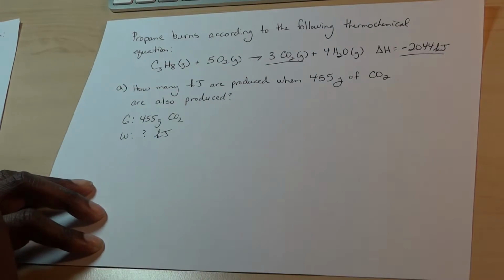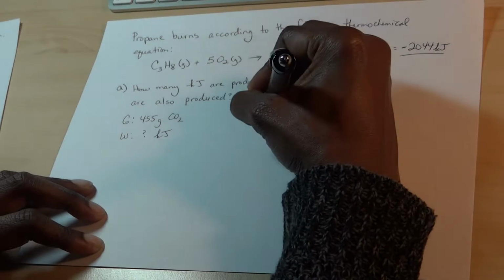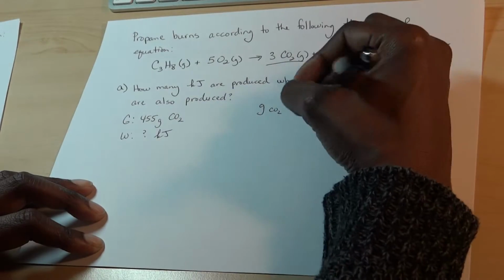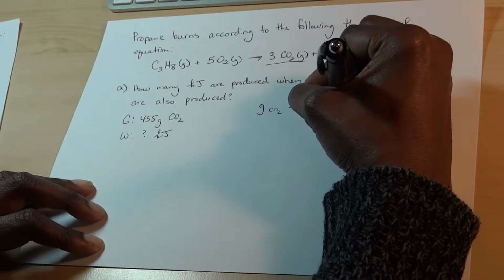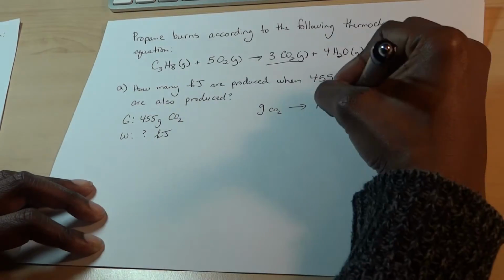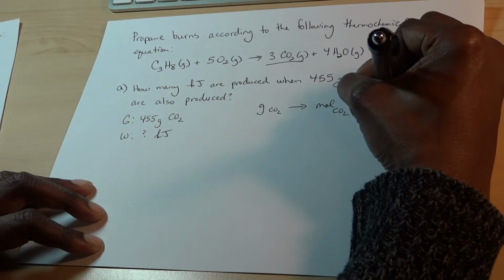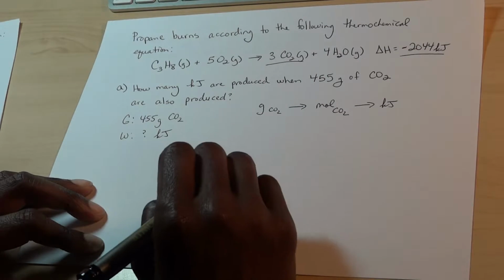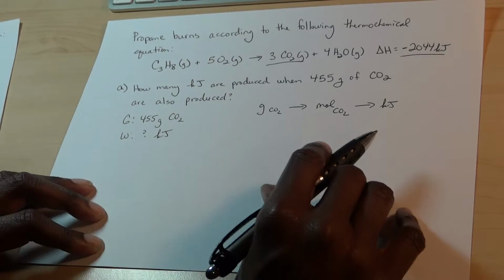That's why we're going to need what we call an energy to mole ratio instead of a mole to mole ratio. So we're going from grams of CO2 to moles of CO2, our usual grams to mole conversion, and then moles of CO2 to kilojoules. So instead of 3 steps, we're only going to need 2 steps here.